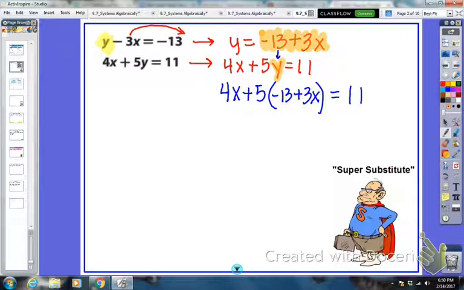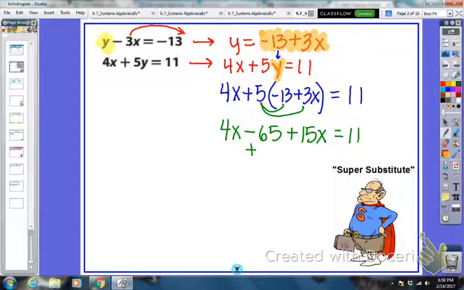And we can just solve this like we have done before with solving equations. Distribute the 5. So it's 4x plus, well, actually subtract 65, 5 times 13, plus 15x equals 11.